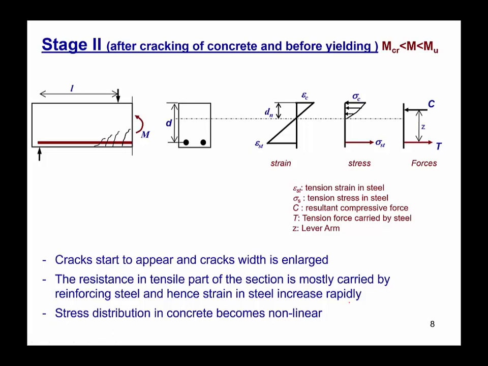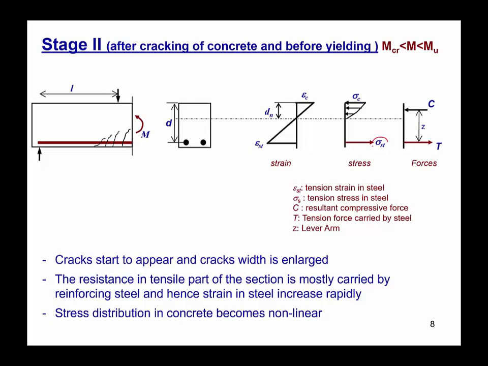Now, if we further increase the load, more cracks will start to appear in the beam in the maximum moment region, and the cracks will also enlarge. Another thing that we'll start to see is that all of the tensile stress will now be taken by the steel.